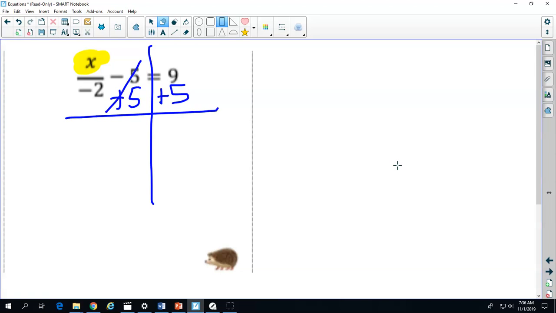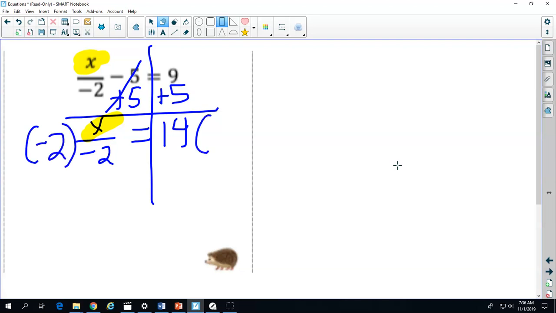This cancels out. On the right side we have 14. And on the left side we have x divided by negative 2. So since we're dividing by negative 2, to undo the division, we're going to multiply both sides by the same number we divided by.